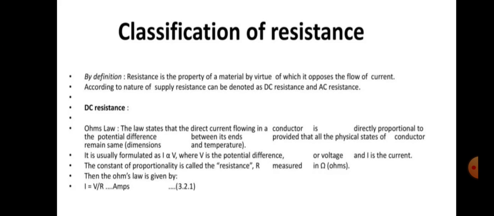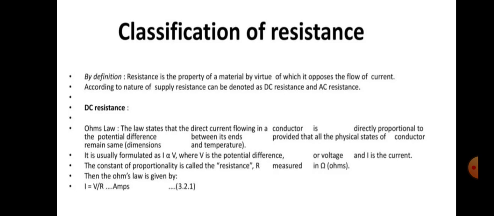So let's start with the classification of resistance. First we will see the definition. Resistance is a property of a material by virtue of which it opposes the flow of current. Okay, so resistance means what? Which resists the current. It is a very important part in electronic equipment and also in electrical equipment, because many times the capacity of a particular device or circuit is not enough to tolerate a high current.